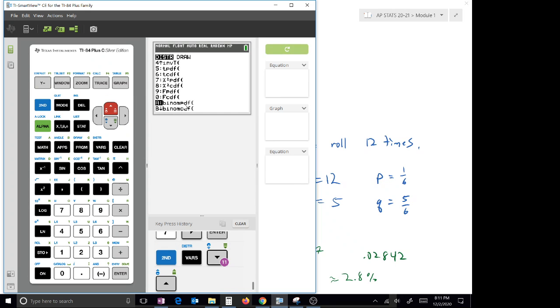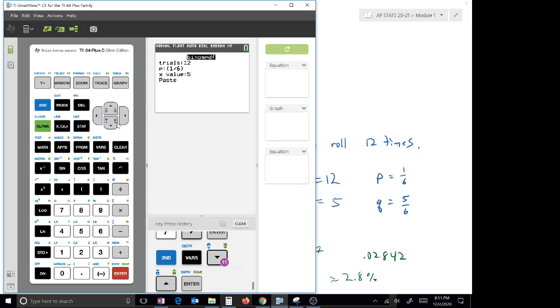Okay, PDF we want to use for exact values. So we're going to do exactly 5 times. It's not a greater than or less than value. If we're looking at greater and less than, we're going to use the CDF.